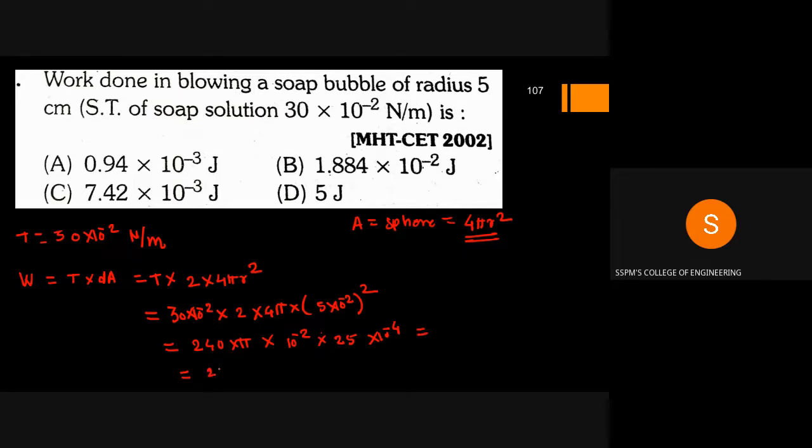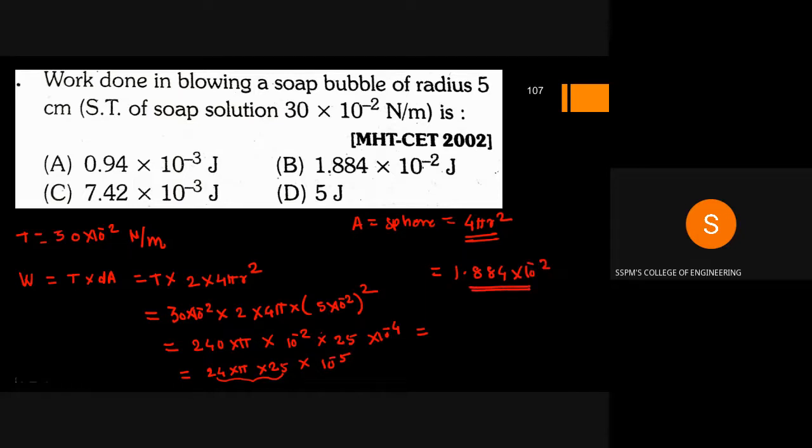So this is 24 into pi into 25, times 10 to the power minus 5. Find out this multiplication, and you will get the answer as 1.884 × 10 to the power minus 2.